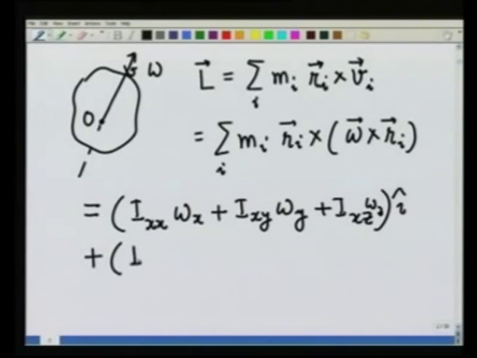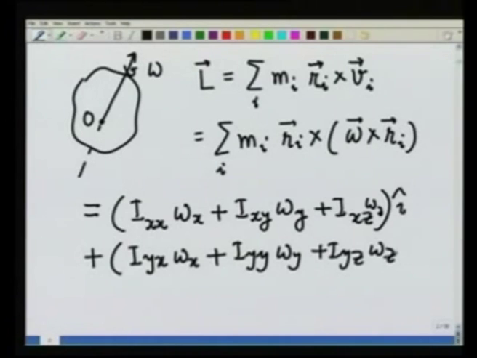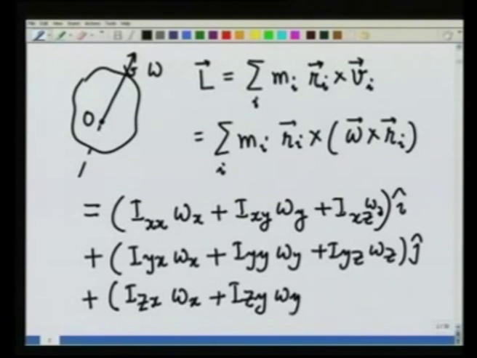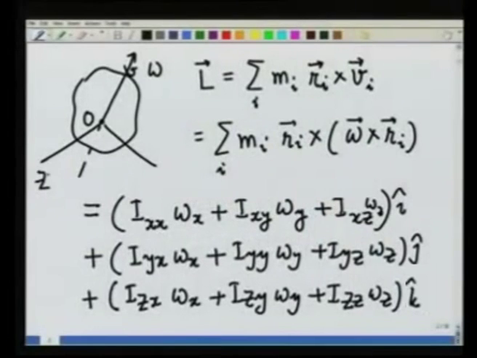plus Iyx omega x plus Iyy omega y plus Iyz omega z in j direction, y direction, and Izx omega x plus Izy omega y plus Izz omega z in the k direction, where x, y and z directions are given.